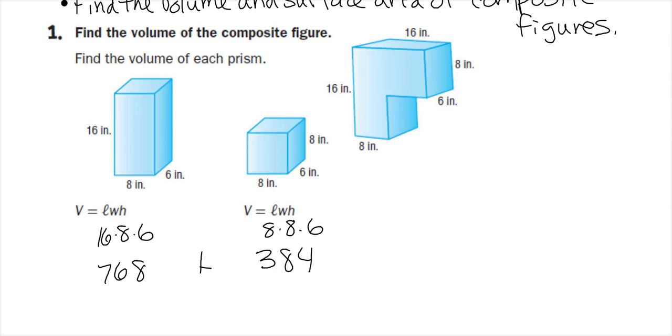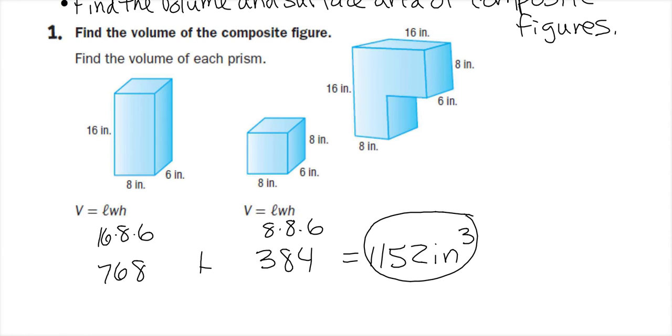Okay, so let's put those together now. So add that to 768, and we should get 1152. We're finding volume, and volume is inches cubed. Okay, we are going to refer back to this one in just a little bit. So we're going to come back to it.